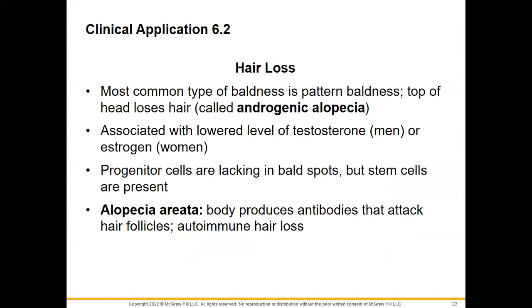So let's talk about hair loss. Now, I know this is one of the clinical applications, but this clinical application is important enough, I believe, for you all to know it, to learn it, to understand it. Hair loss can be caused by many, many different reasons. It can be caused by lack of nutrients.